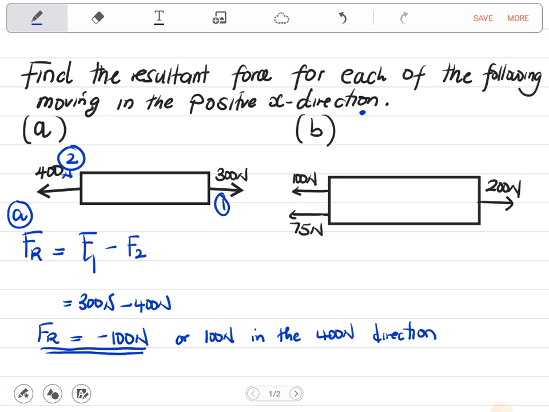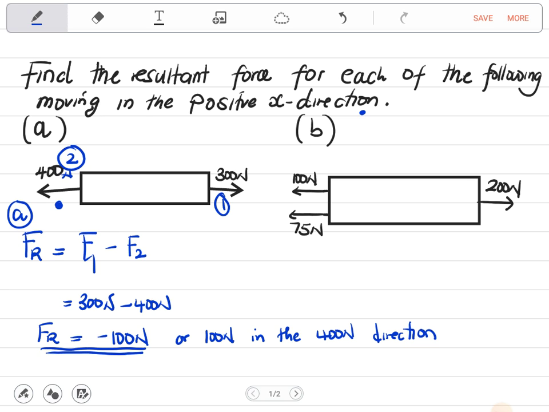You see now? So you can report it as negative 100, or you can say 100 newtons, but in the direction of this force, or you can say in the negative x direction. I hope it's making sense.